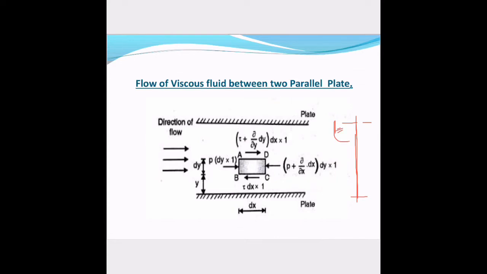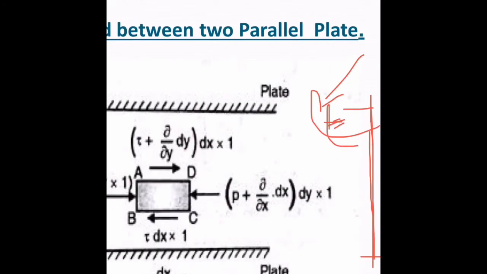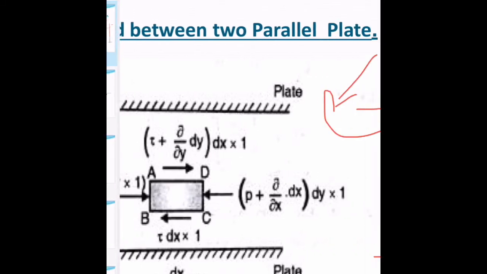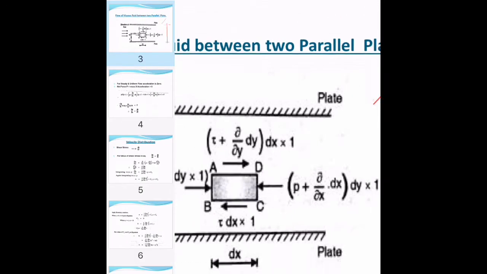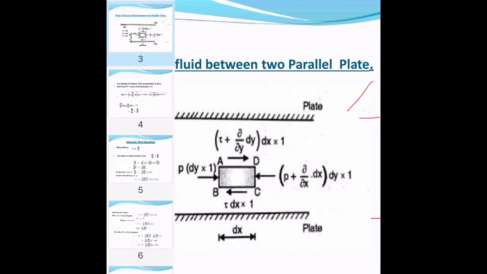Let's consider that two fixed plates are separated by a distance t, small t, okay? And the direction of fluid flow is from left to right.